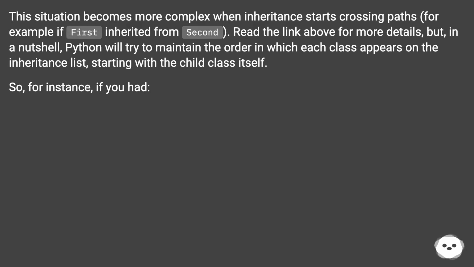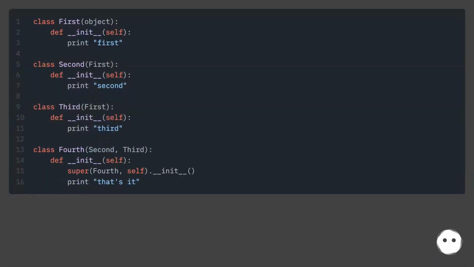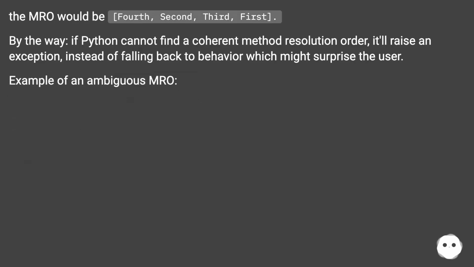Read the link above for more details, but in a nutshell, Python will try to maintain the order in which each class appears on the inheritance list, starting with the child class itself. So, for instance, if you had this hierarchy, the MRO would be Fourth, Second, Third, First.